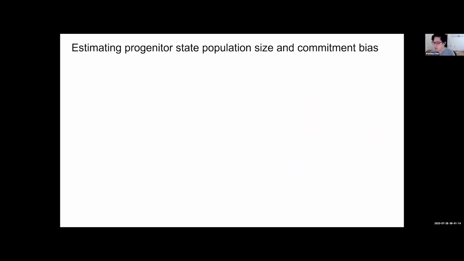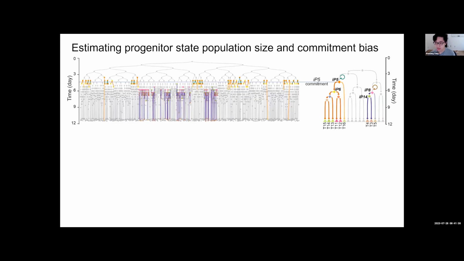So next, after inferring the commitment time for the progenitor states, we go on to infer the progenitor population size and commitment bias. And it's really a very similar idea, which is just to look at these ICE distributions, right?